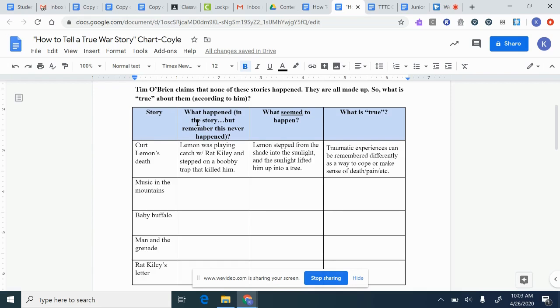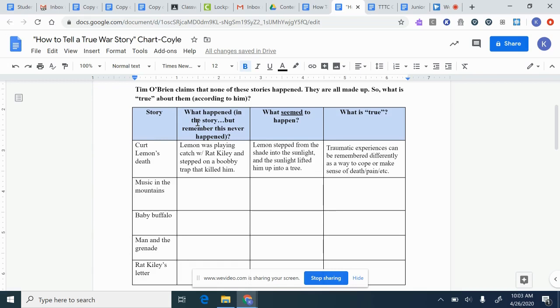So when we talk about what seemed to happen, it's where we start to see these things that are probably not true as far as fact, but they're true to the narrator. They're true to the person telling the story. So there's a part in there where Tim O'Brien, the narrator, talks about how he saw Kurt Lemon step from the shade into the sunlight, and then the sunlight lifts him up into the tree. Well, that can't really happen, right?